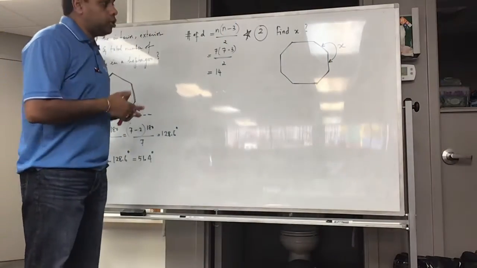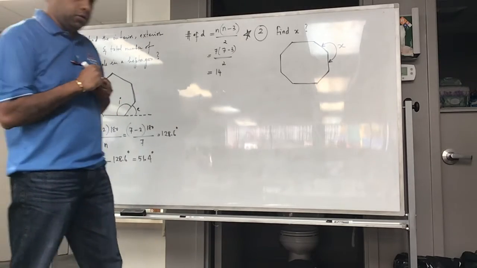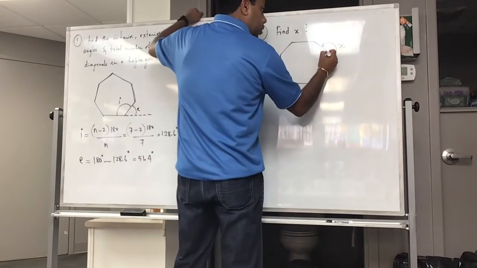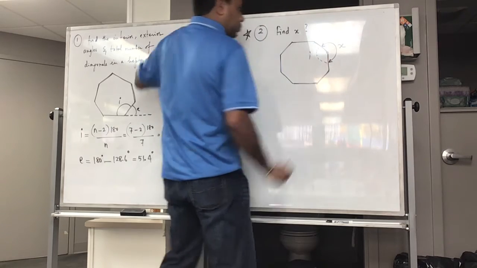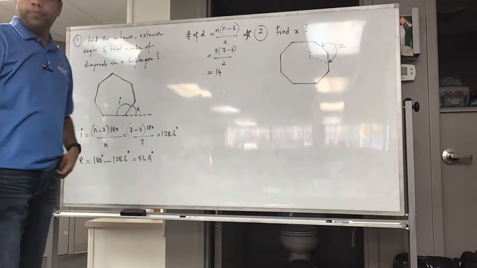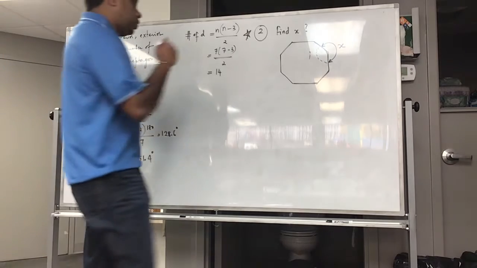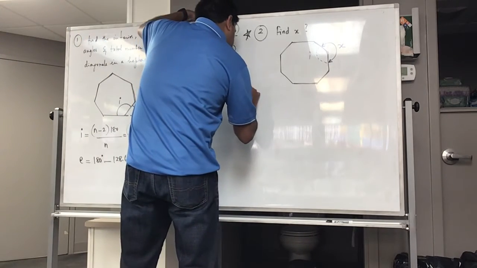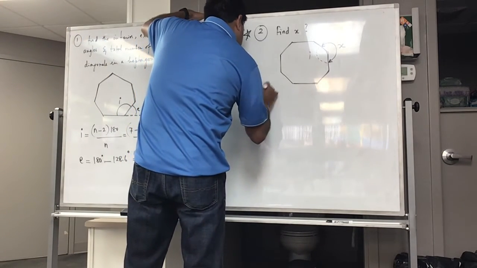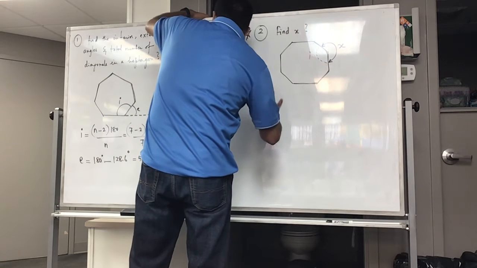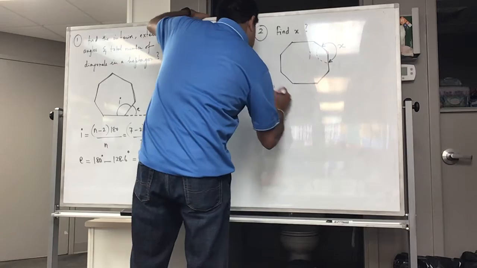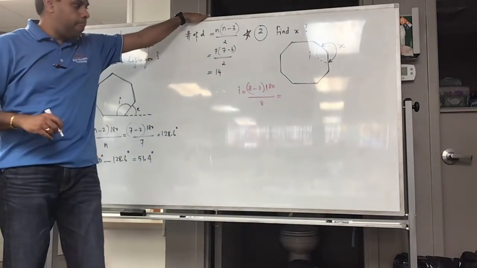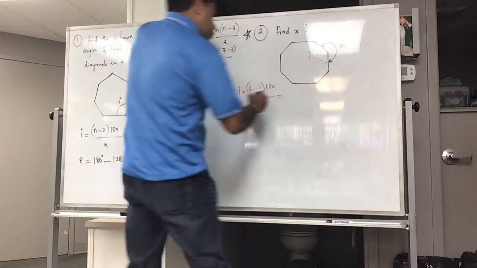There's two ways to do this problem. So let me go with the first method. So this is my interior angle. Do you guys agree? So this is an octagon. I is equal to (8 minus 2) times 180 divided by 8. What do you guys get? Somebody do that. 135. So 135 degrees.